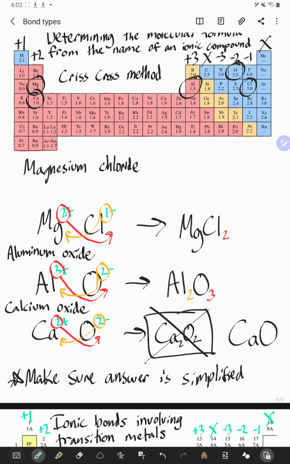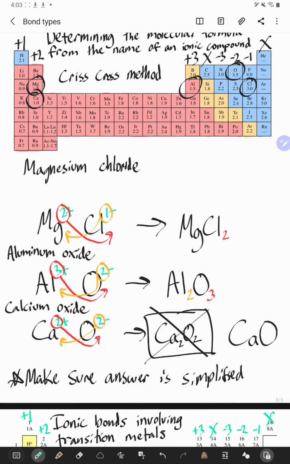So we can always know that calcium oxide is CaO, because the only possibility is for calcium to form a positive 2 charge and oxygen to form a negative 2 charge. But notice how this might be trickier if calcium were to have the possibility of forming multiple different ions. Then we wouldn't know how many oxygens we would need. Maybe we would need more oxygens or fewer oxygens, etc.